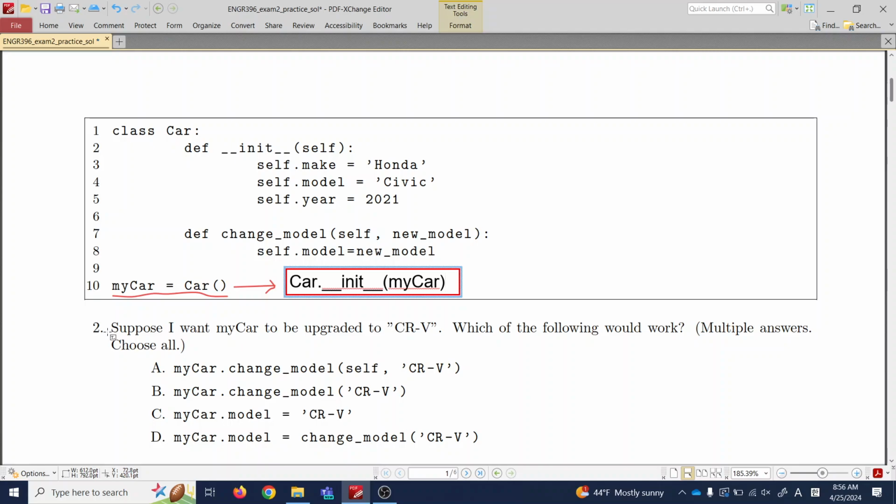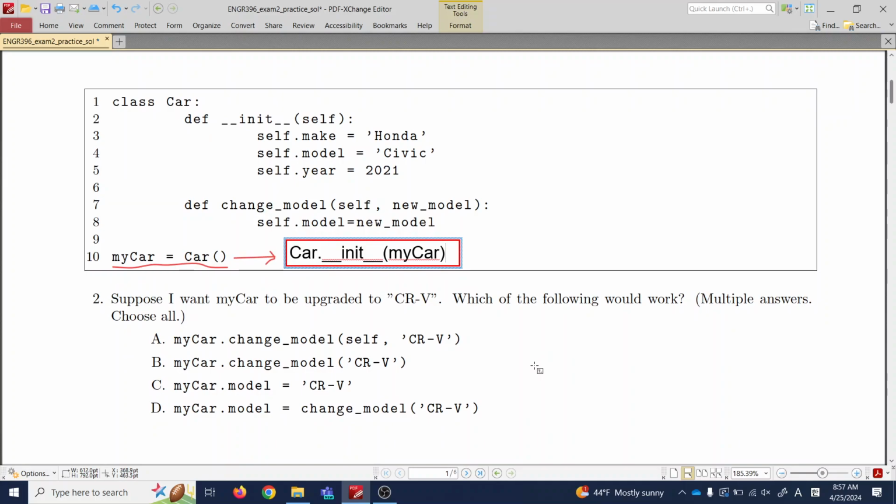And the question says, suppose I want my car to be upgraded to CRV, which of the following would work? There are multiple answers, and you have to choose all to get full credit. If you only get partly right, then you get partial credit.